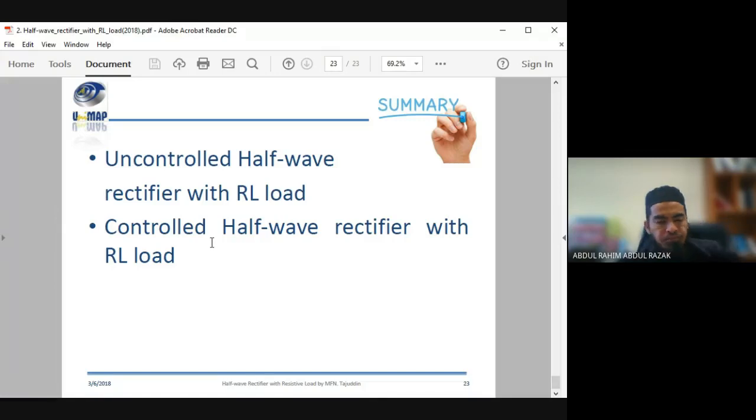So the summary: we have gone through the uncontrolled half wave and also the controlled half wave rectifier with a load.